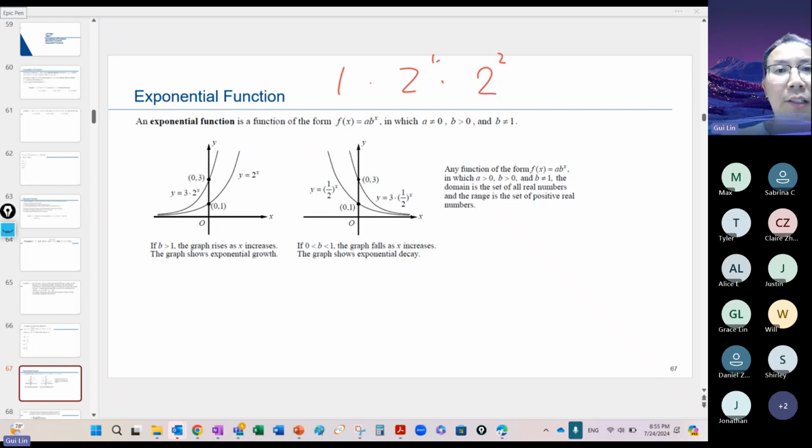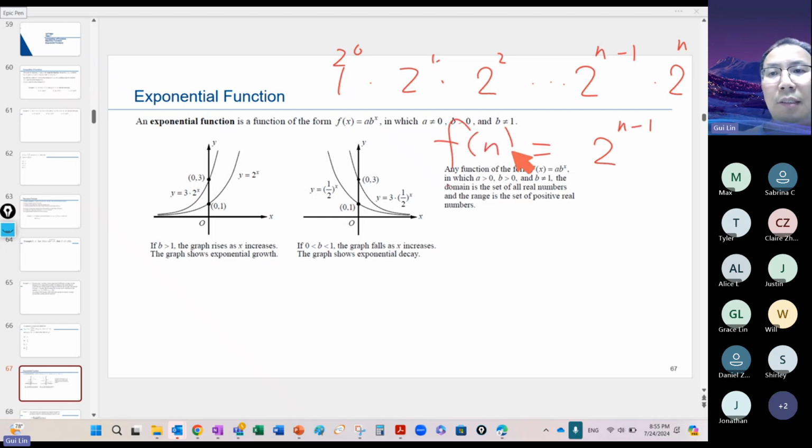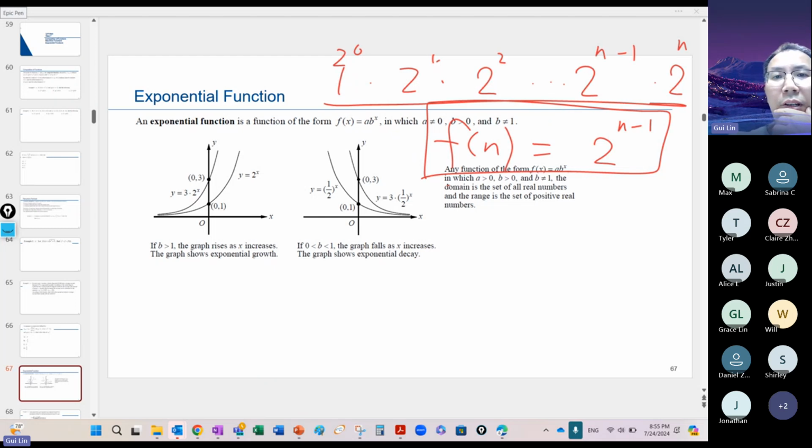So here 1 can be changed to a. The nth term will be 2 to the power n minus 1. Every time you double the previous one, you get this kind of exponent function.